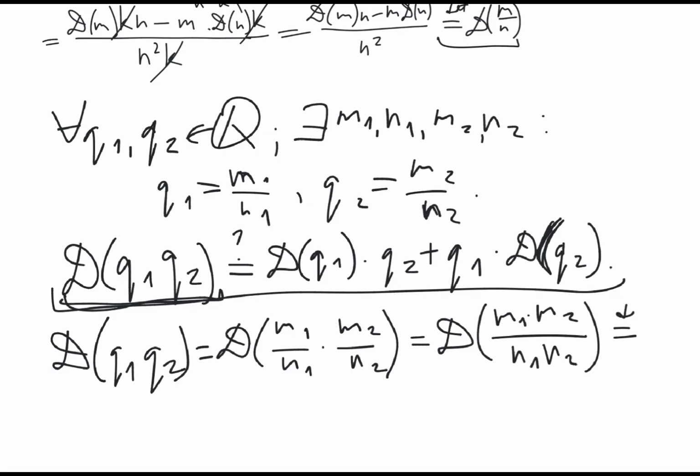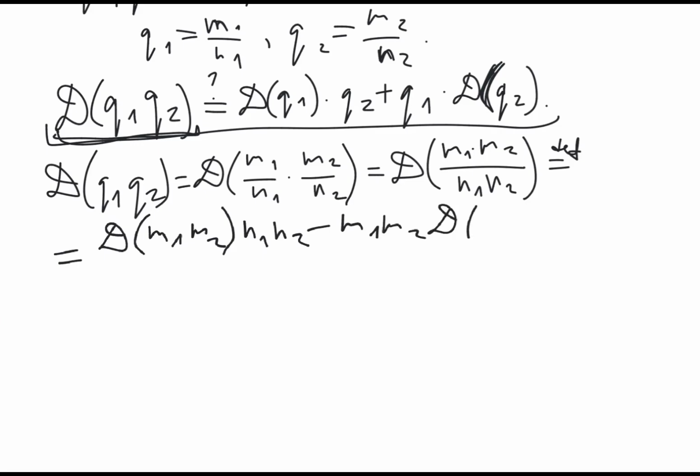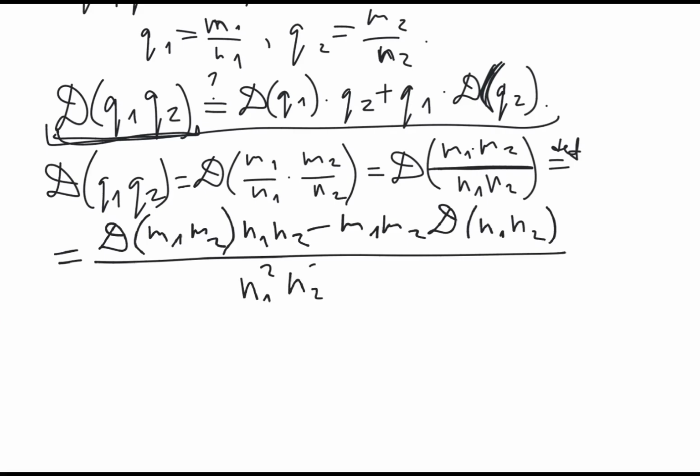So this, by definition of the function d for rational numbers as we defined it, is equal to d of m1 m2 n1 n2 minus m1 m2 d of n1 n2, so I rewrite the quotient rule for this fraction, divided by n1 squared and n2 squared.